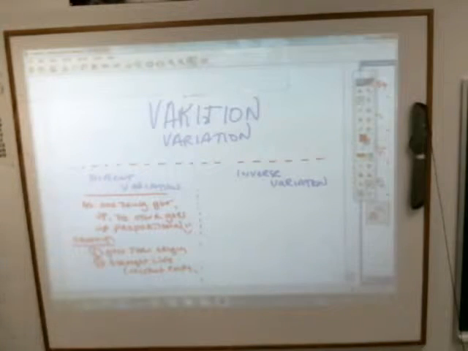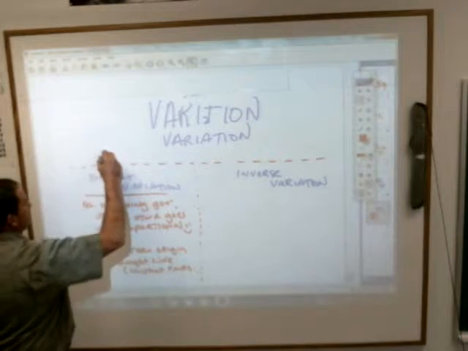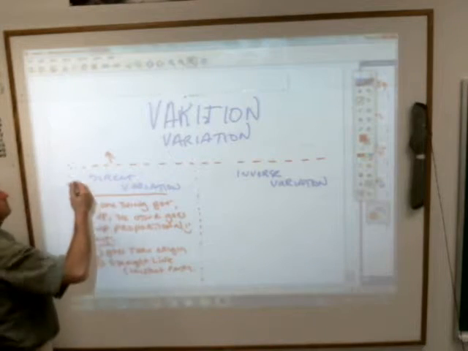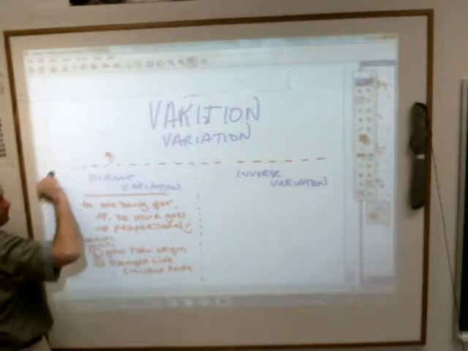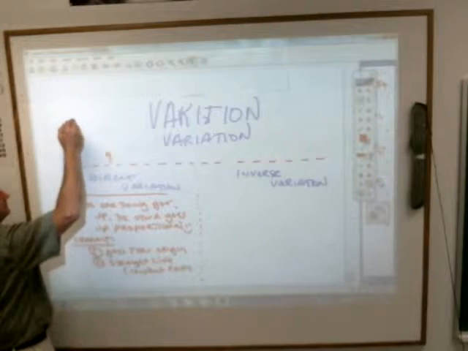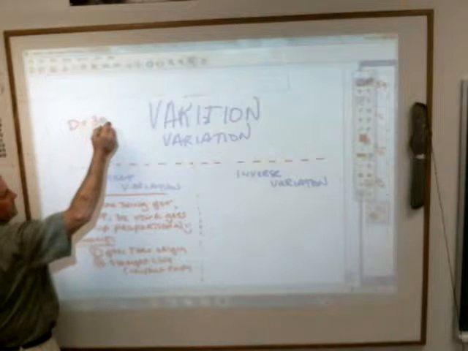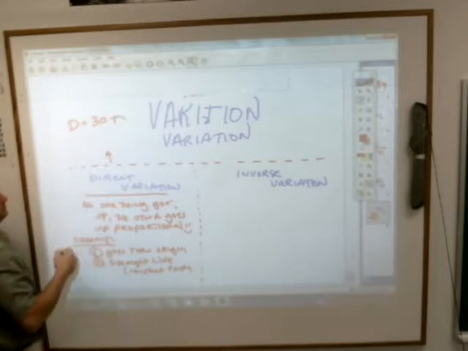An example of that would be when you're talking about the speed of a car. If a car is going 30 miles an hour, the formula for that would be the distance a car goes is equal to 30 miles an hour times its time.